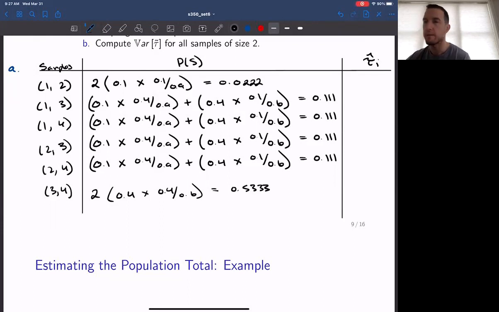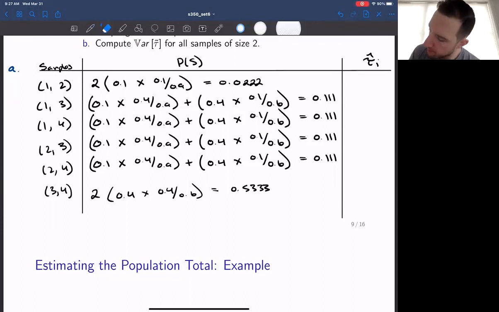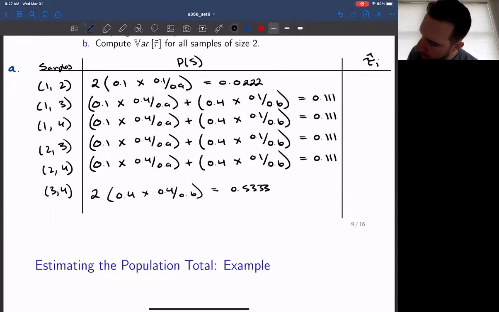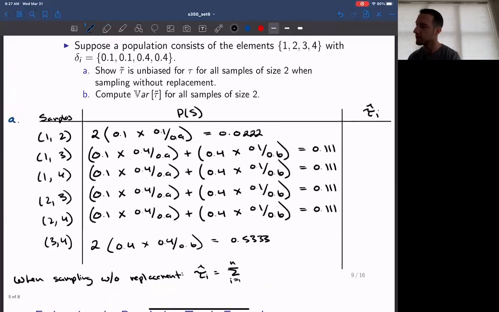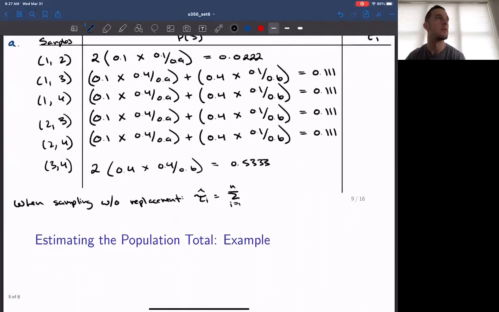All right, so now let's talk about estimating tau hat for each of the different samples. When sampling without replacement, tau hat is equal to the sum from i equals 1 to n of y_i over pi_i.